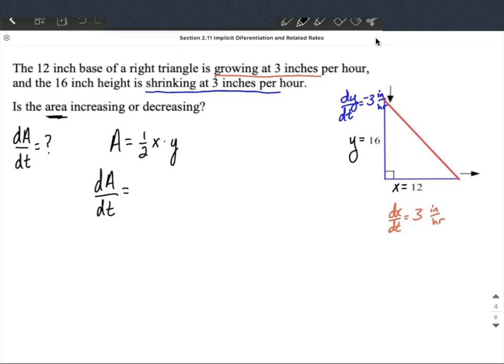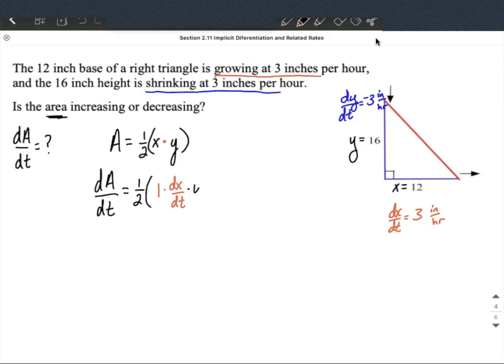Well, what we want to know is if it's positive or negative. All right, next, what I'm going to do is bring the 1/2 along and treat these as a product rule between the x and the y. So product rule says you take the derivative of the first. In my case, I'm treating x as the first, so that's going to be 1 multiplied by the derivative of x with respect to time, because x was our variable.